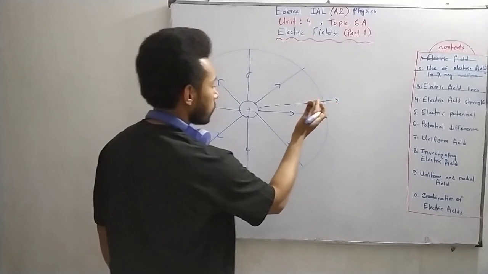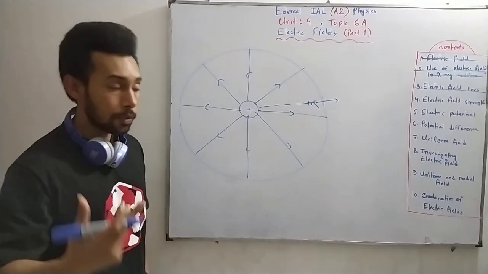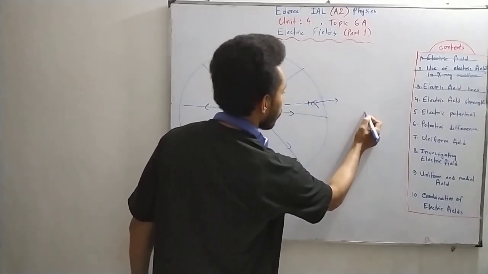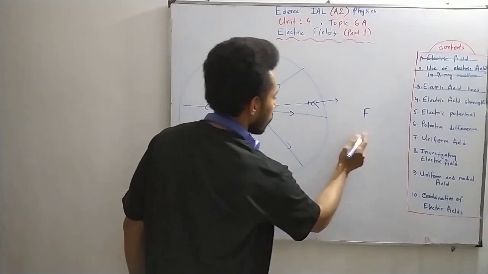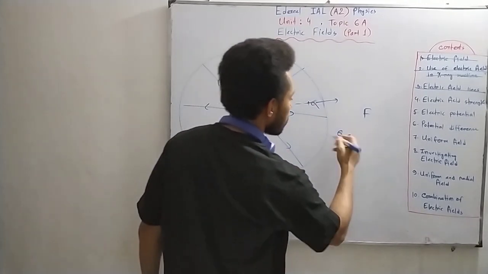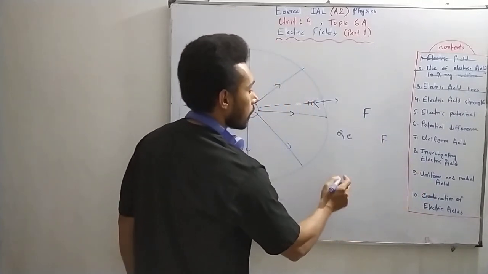Since plus Q coulomb charge is accelerating in this direction, it is experiencing a force, and consider this force as F. So we can say that Q coulomb charge experiences a force of F.